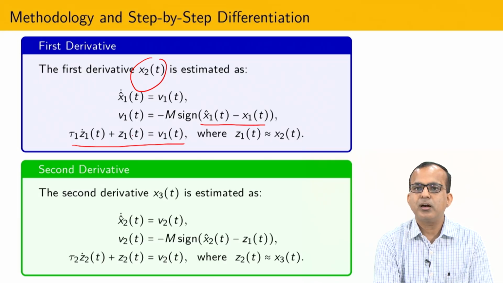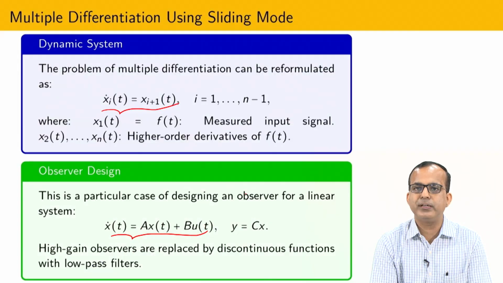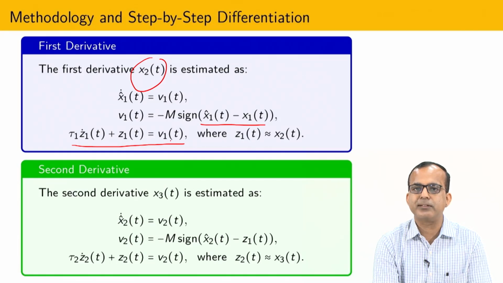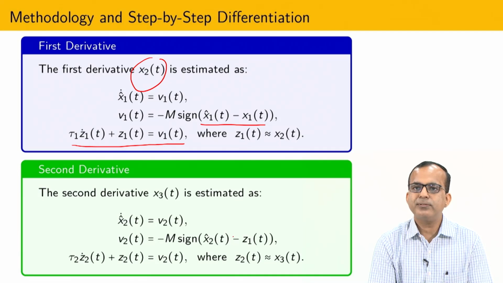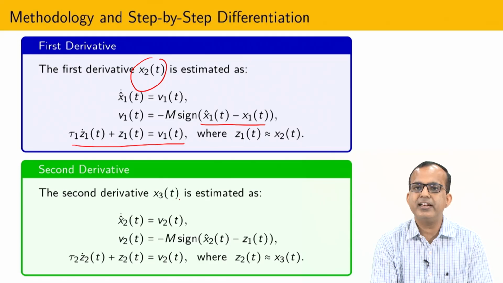So z is nothing but, from this diagram it becomes clear, whatever V you are going to enter here, and Z is the output of the filter. The same kind of thing I have written here. Okay. And finally, what happens? Z is exactly equal to x2. Now again x2 you can pass here, and after that you can generate the second derivative. And the second derivative is nothing but x3.